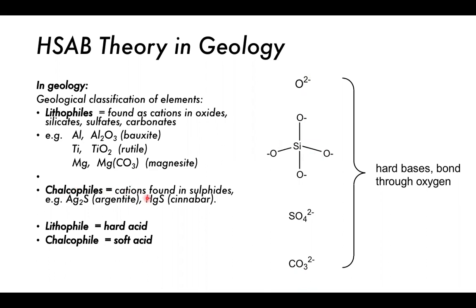Chalcophiles are cations found in sulfides, so silver sulfide, argentite, and mercury sulfide, which is cinnabar. Lithophiles are typically hard acids bound to hard bases, so anything with these ions in it is typically a lithophile, and chalcophiles are soft acids that are attracted to things like the sulfides.